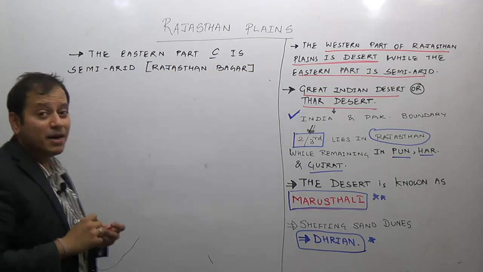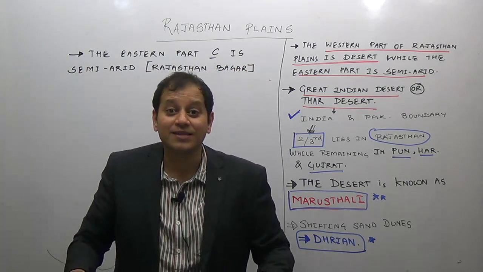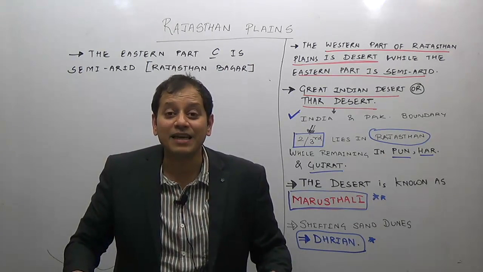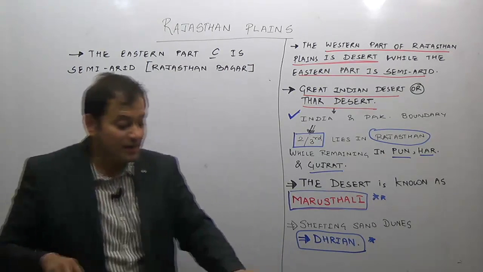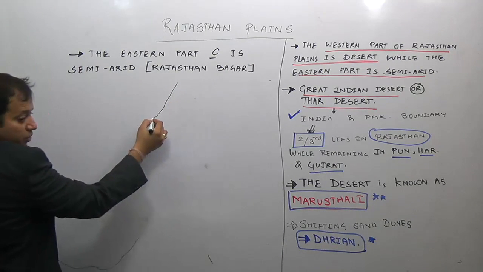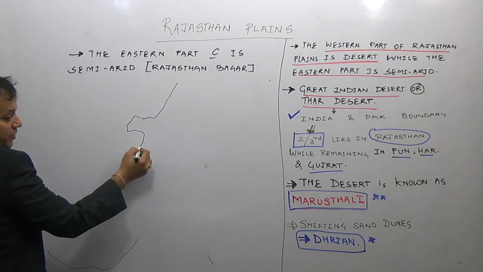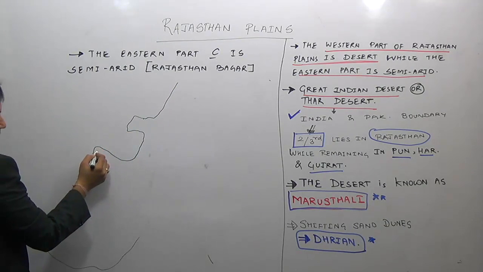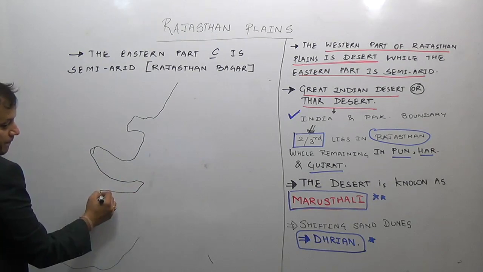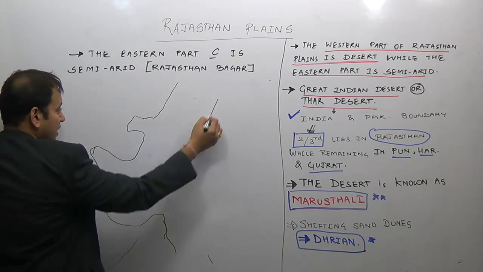Now, this Rajasthan Bagar has two important characteristics. The first important characteristic is that the entire Rajasthan state is a region of inland drainage system. What do you mean by inland drainage system? That means there are numerous rivers which originate in the state of Rajasthan. If I am drawing the state of Rajasthan, this is the Aravalli ranges.